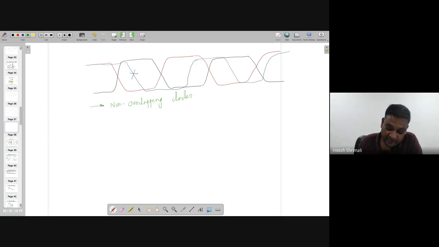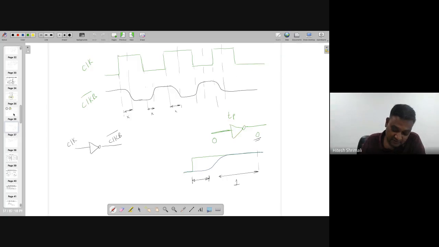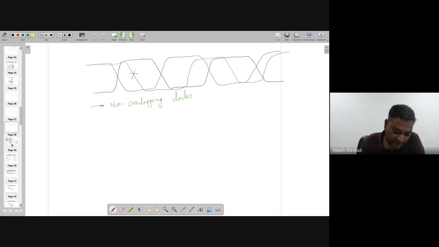If I want to create that, again, the answer is a latch, not just an open-loop inverter, but you can use a NAND-based or NOR-based SR latch like this.